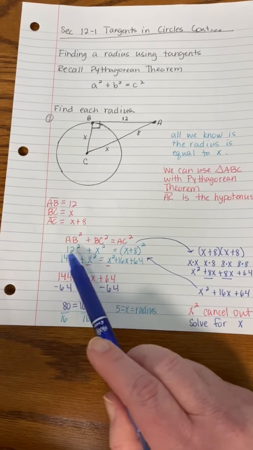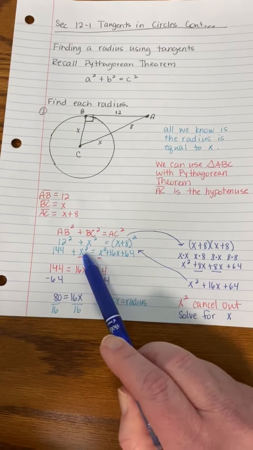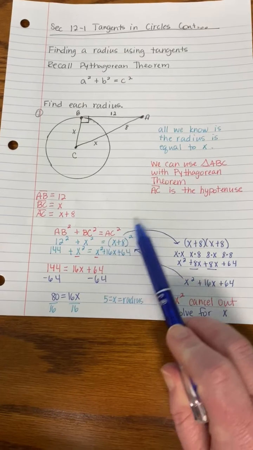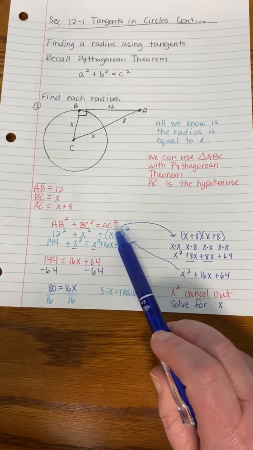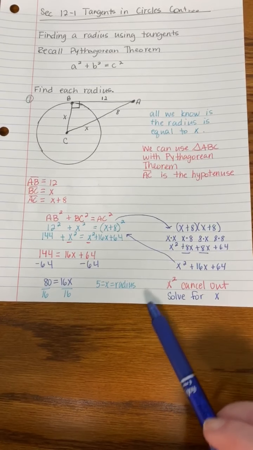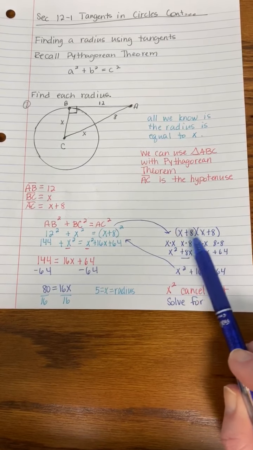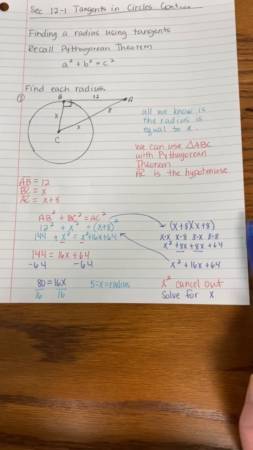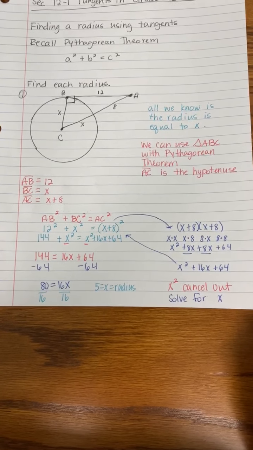All right, so this side's pretty easy. 12 times 12 is 144. X squared is just x squared. This is the side that causes a little bit of problem, okay? So x plus 8 squared means literally that I have two of them, x plus 8 times x plus 8. So I have to do a little more algebra on this problem. Go back to, you guys remember doing FOIL, first, outside, inside, last, or it's really just the distributive property, however you want to think of it.